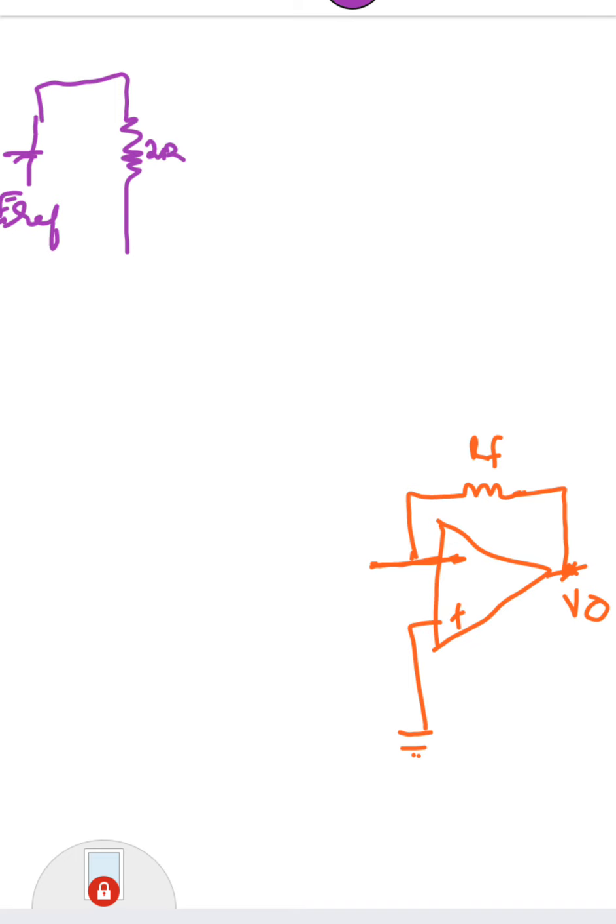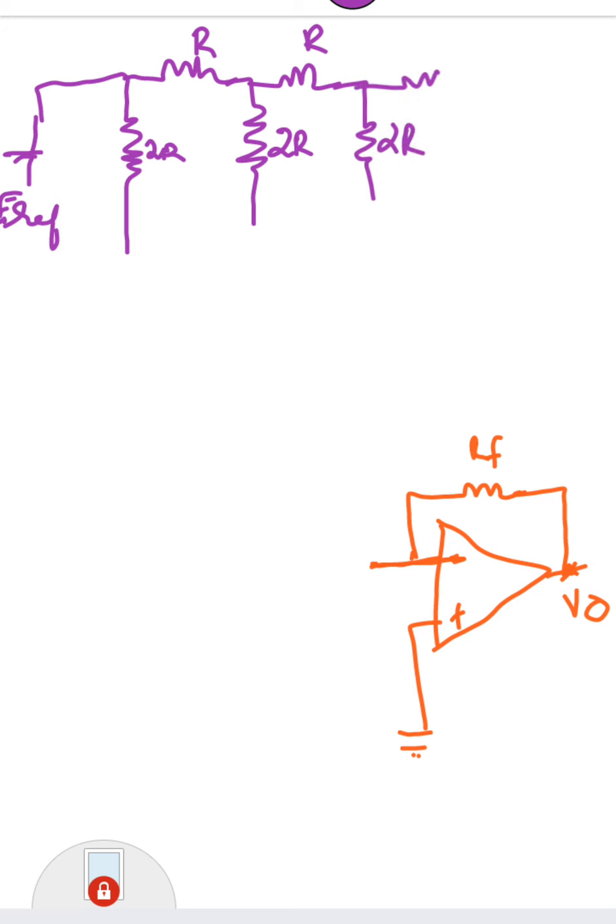Another resistor is R. Here also the pattern repeats: this is 2R and this is R. Here also there is 2R and this is R, 2R, then a final 2R also. So this circuit consists of two resistors only, R and 2R. That's why the circuit is called R2R ladder.